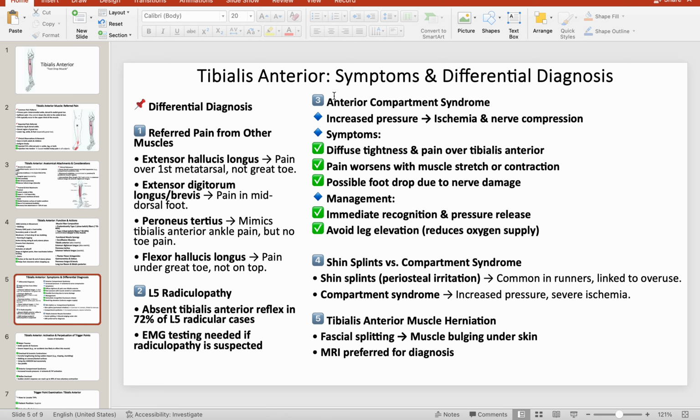Yes, we can diagnose it, but it's an emergency where people have to go to the ER and get decompression, because that can cause nerve damage, and then you get true foot drop, and that nerve is damaged forever. So I feel like a lot of it is just bad shin splints rather than compartment syndrome, but I've never actually seen compartment syndrome personally myself.